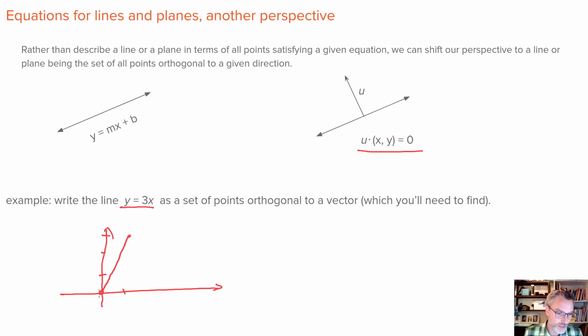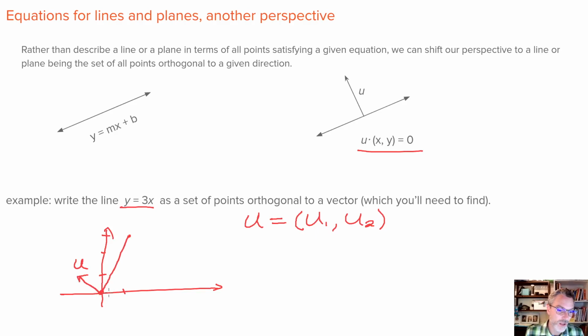So in order to describe this line in terms of a dot product, we would need to find a vector that is orthogonal to this. Okay, so we'll call that vector u, let's say. And we need to find these values u1 and u2 that are going to be orthogonal to this.